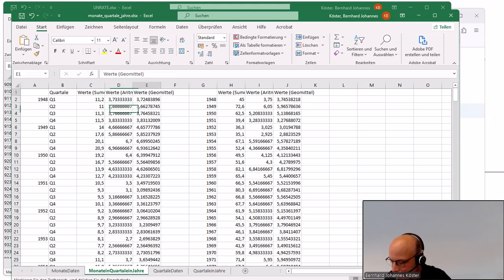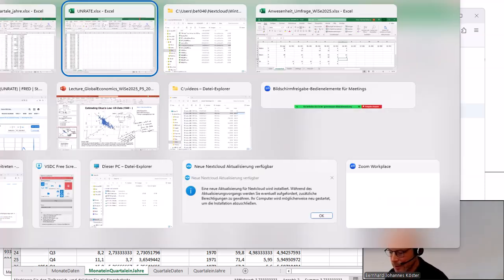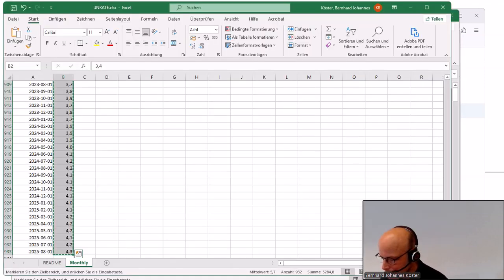And since I want not the aggregate, so not 3 plus 4 plus 7, but the arithmetic mean, I did this just here by dividing by 3. And then this would be the quarterly data.